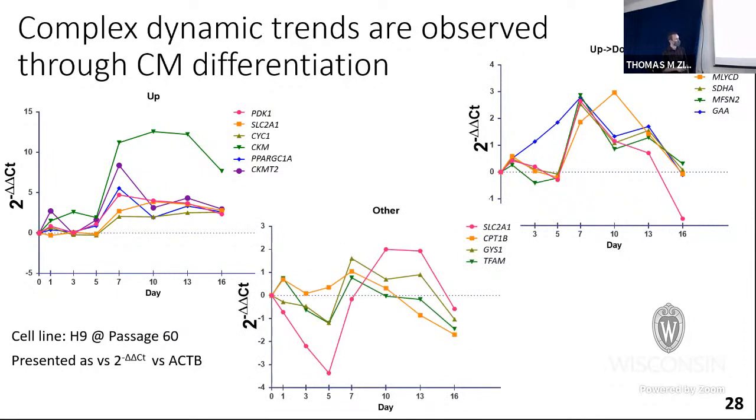So, for example, this one here, SLC2A1, which encodes one of the glucose transporters. We see this very interesting scheme over time, where we have a drastic decrease, then an increase, and then a decrease again. I'm not going to explain this too much more, but the initial experiment here was to show: are there differences over time, and how are they changing over time, to show that we might have success in looking at this in more detail.